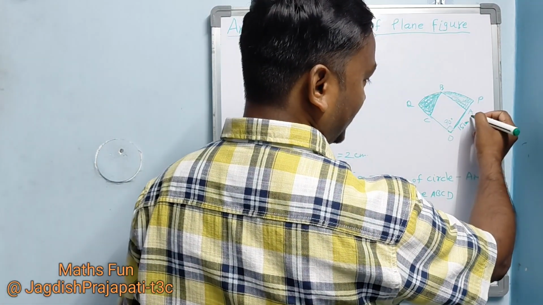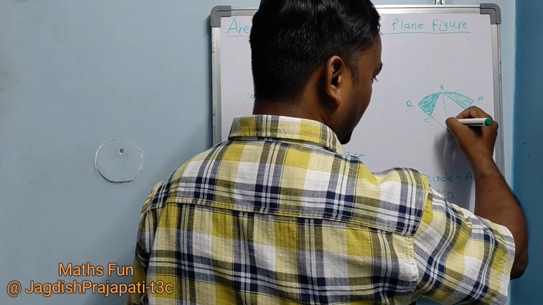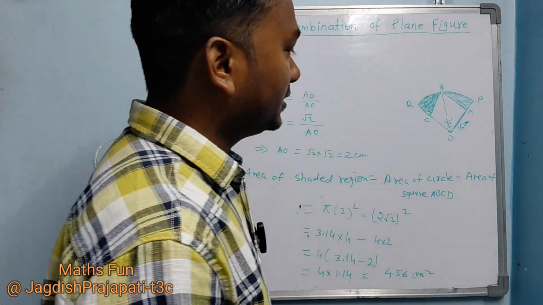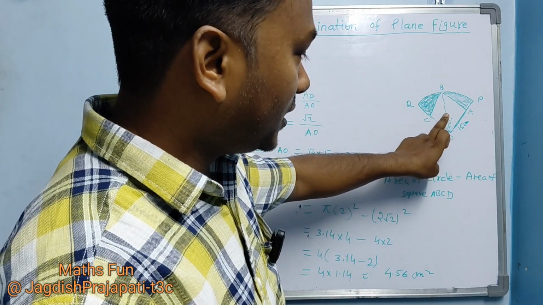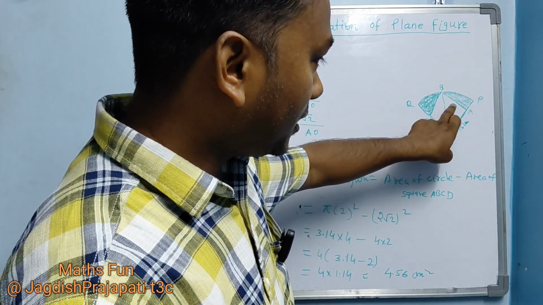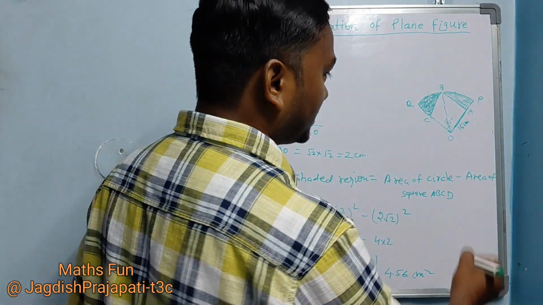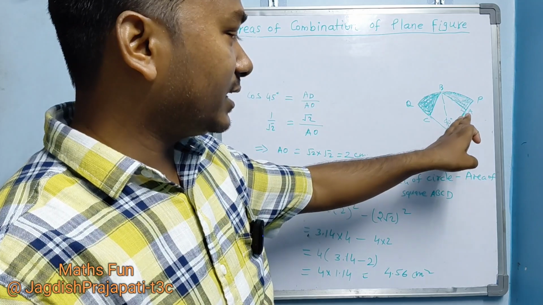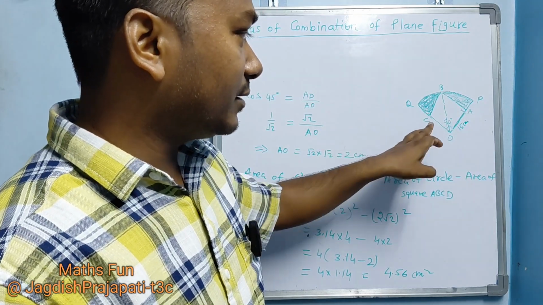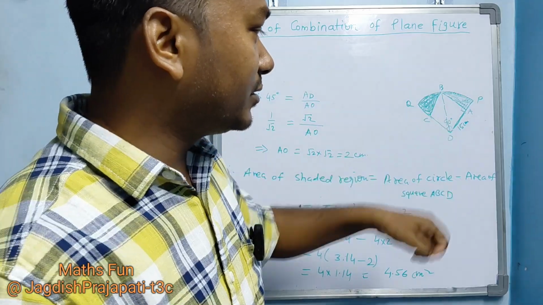See, this side is 15. This is also 15. If you draw this line, this will be the diagonal of the square. And since this is 90 degree, then using this triangle you can use Pythagoras theorem, and then you can find out this.